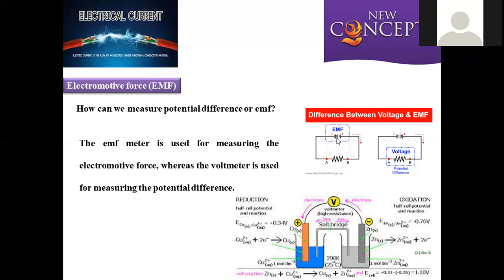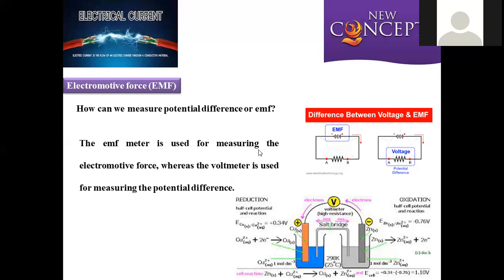In order to migrate the electrons between these two terminals, the extent of work done by the electrical force is also denoted as EMF. So there is a slight variation, but they are almost taken as synonyms. This is a slight bifurcation.